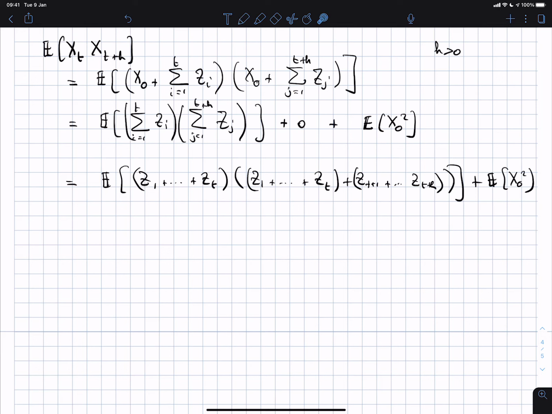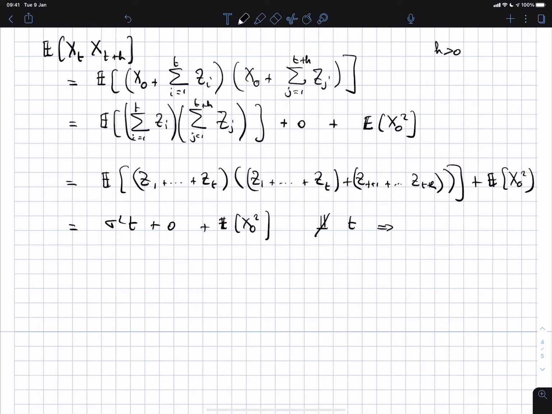And now I get this multiplied by this. Well, that will give me just a nice sigma squared times t. And then I will have this multiplied by this, but because they are uncorrelated, it gives me 0. So I think I made no mistake. And this is not independent of t.